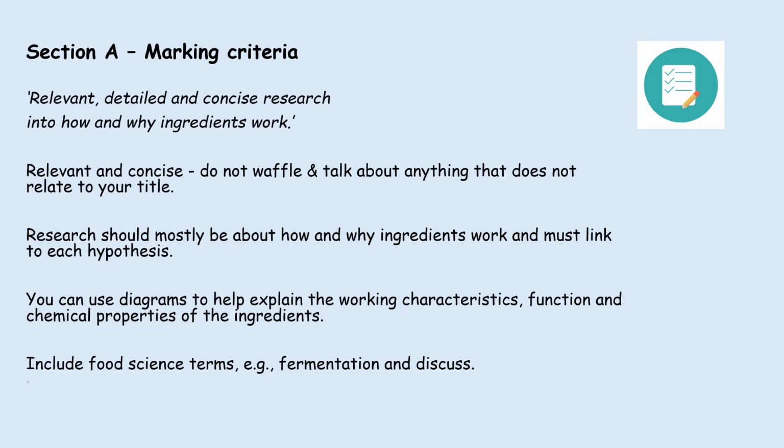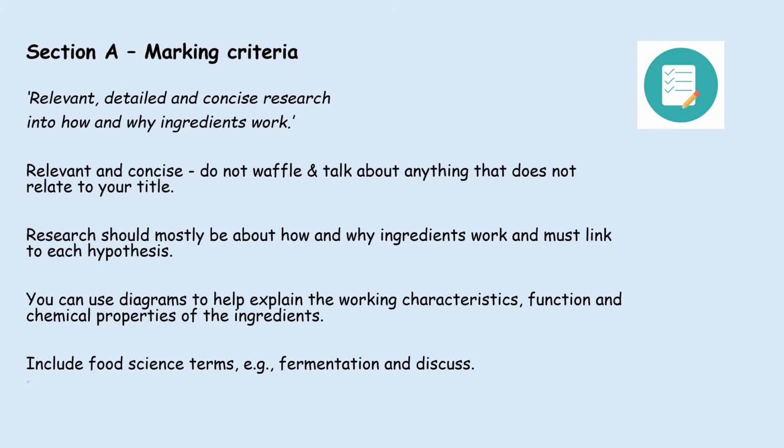When marking the research, it will be checked that the information is relevant, detailed and concise into how and why ingredients work. In other words, do not waffle and talk about anything that does not relate to your title. Research should mostly be about how and why ingredients work and must link to each hypothesis, your prediction.